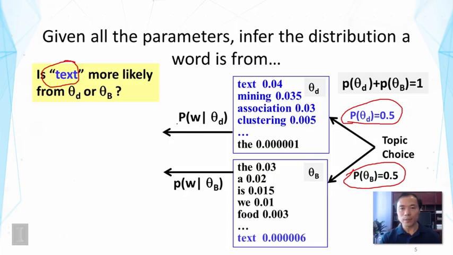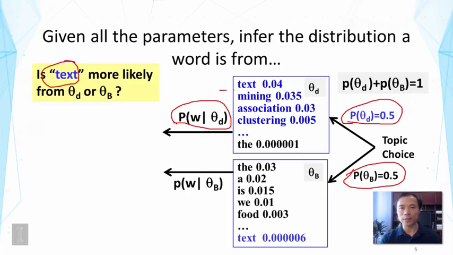And if we use Bayes' rule to combine the prior and the data likelihood, what we will end up with is to combine the prior with the likelihood that you see here, which is basically the probability of the word text from each distribution.